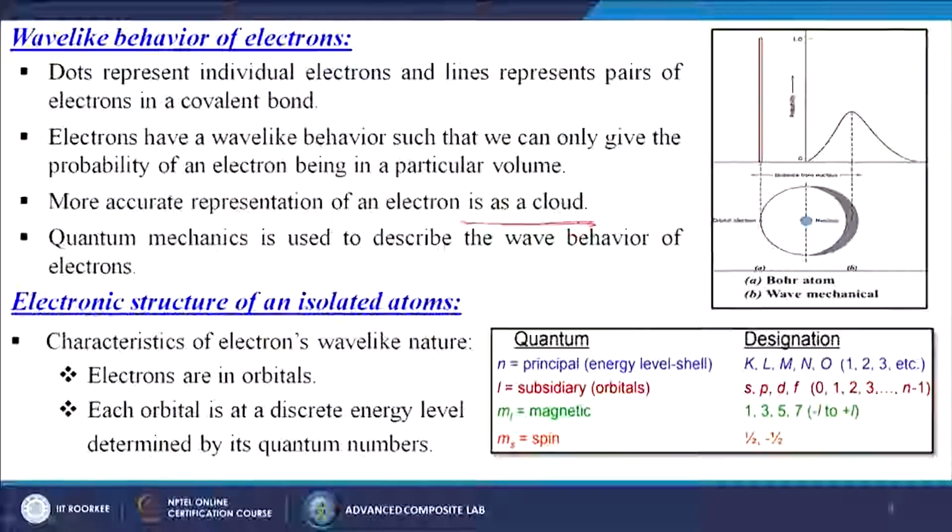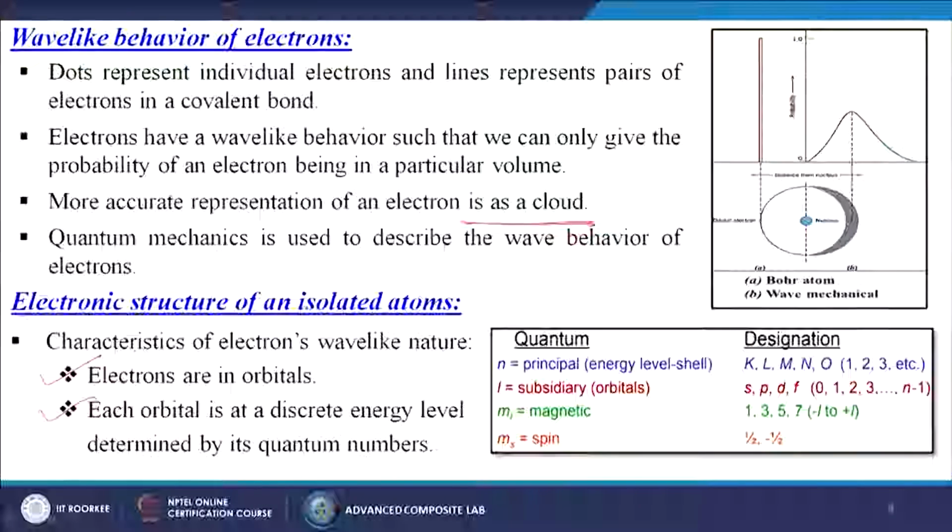Quantum mechanics is used to describe the wave behavior of the electron. Generally, the electronic structure of an isolated atom is characterized by the wave-like nature of the electrons. Electrons are in orbitals, and each orbital is at a discrete energy level determined by its quantum number. Electrons are present in orbitals, like our galaxy.